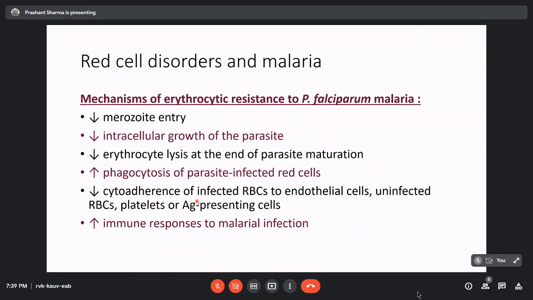There is decreased adherence of infected RBCs to other cells, which we know is one of the major pathogenetic features of falciparum malaria. And there is an increased immune response to malarial infection, possibly because of exposure of neoantigens on the red cell surface. And there's a lot of epidemiological as well as in vitro evidence for each of these mechanisms.